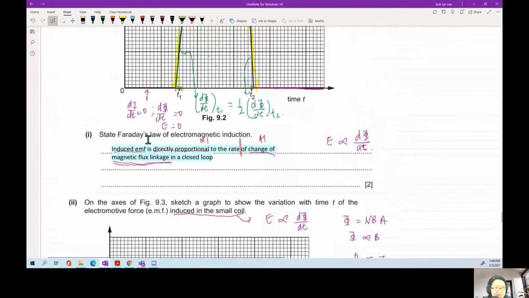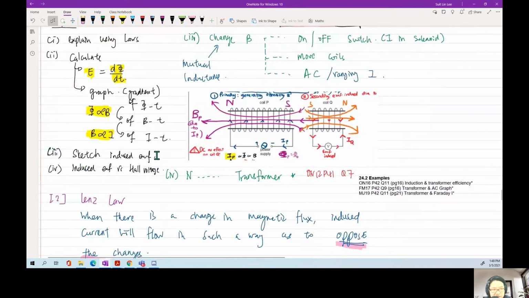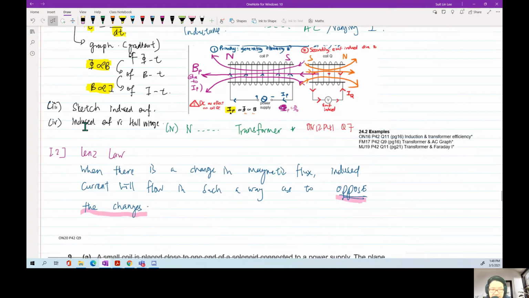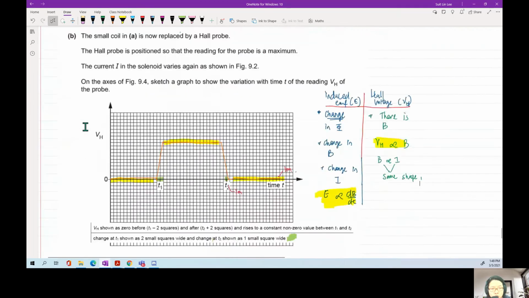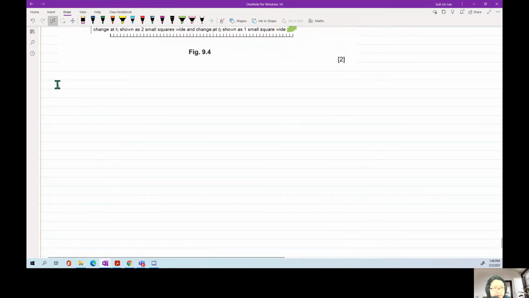Let's go back to the list of skills. We have sketch, we have differentiate induced EMF and Hall voltage. So now we're going to use the graph to calculate and maybe explain some stuff using laws. Let me go hunt for a question.